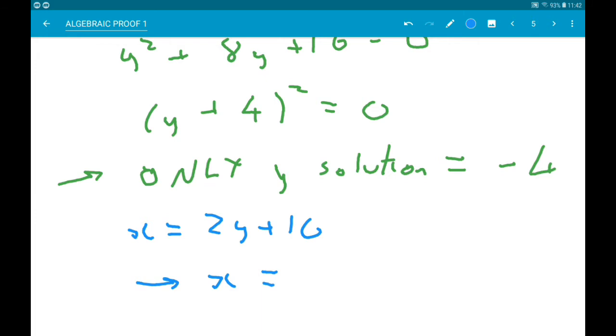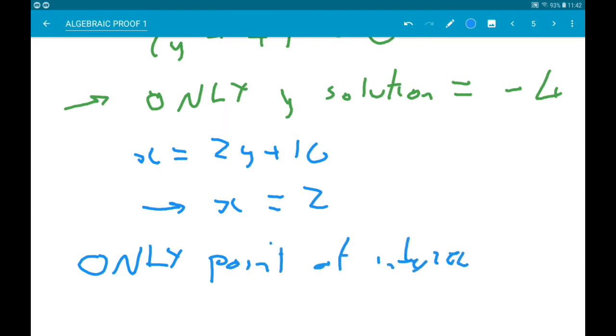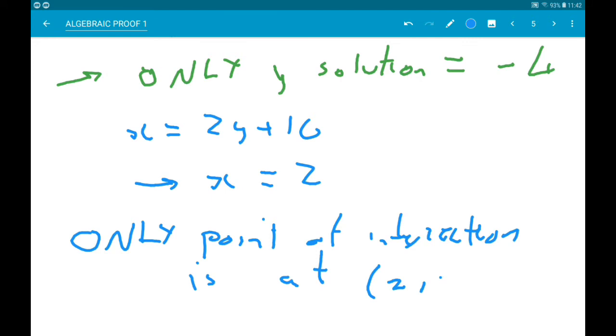So that's 2. So the only point of intersection is at (2, minus 4). Now, a single point of intersection with a straight line and a circle means the line is a tangent.